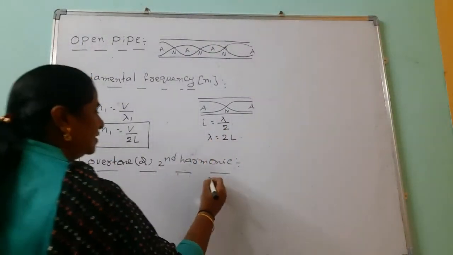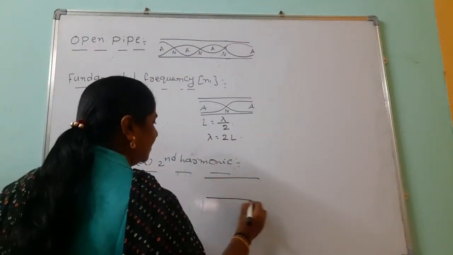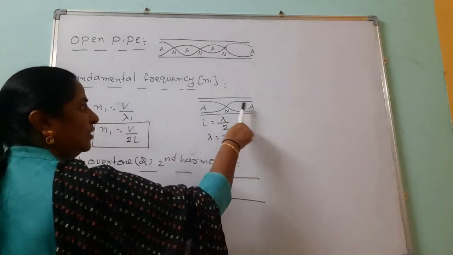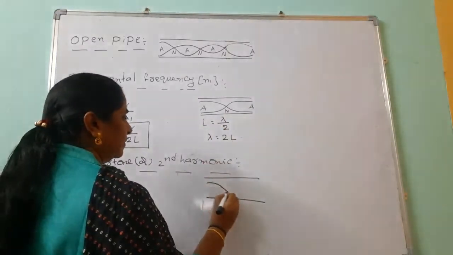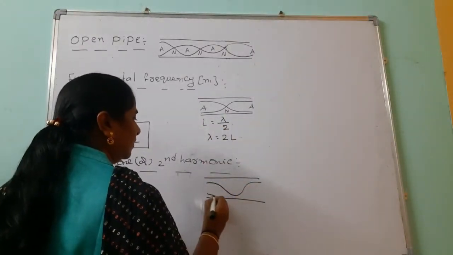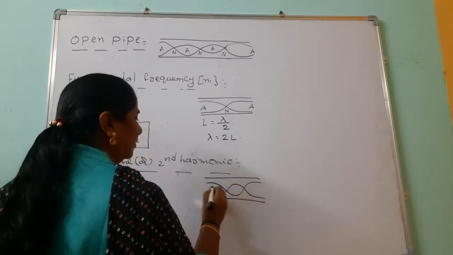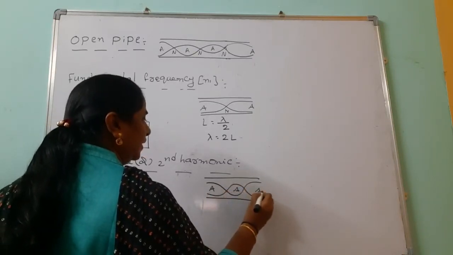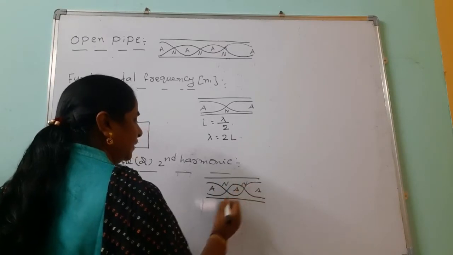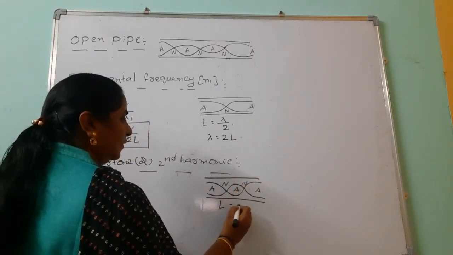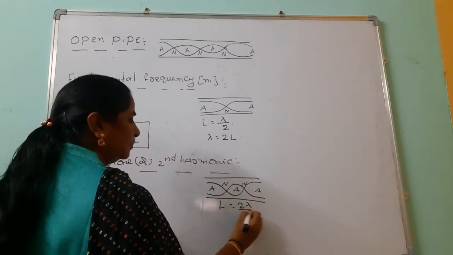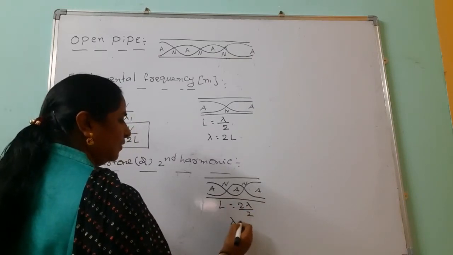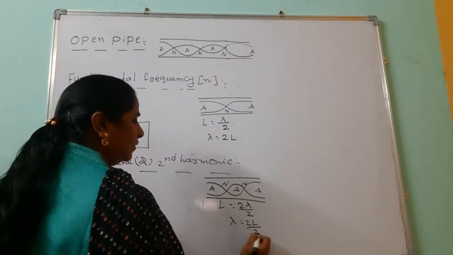Now look at this diagram. It has two antinodes and one node. In this one, it has three antinodes and two nodes. L equals 2 lambda by 2. Then lambda equals 2L by 2.